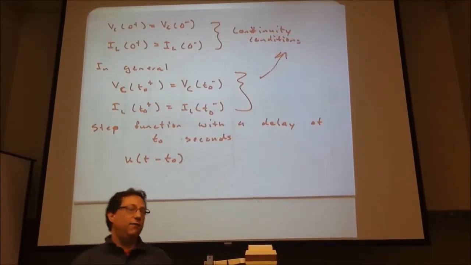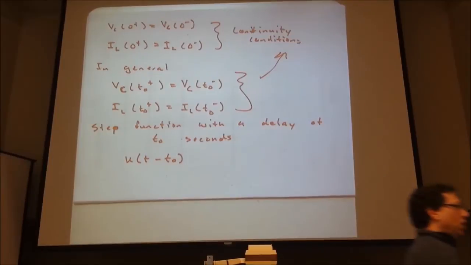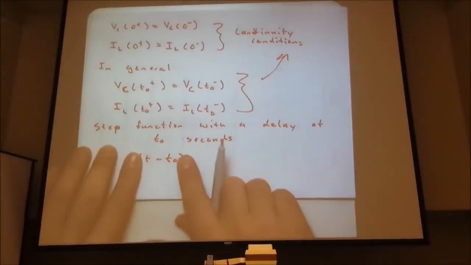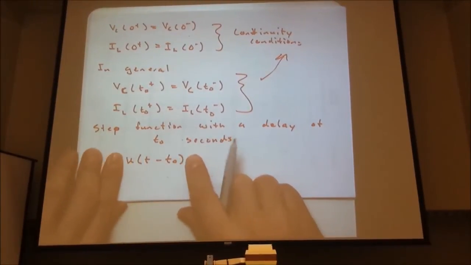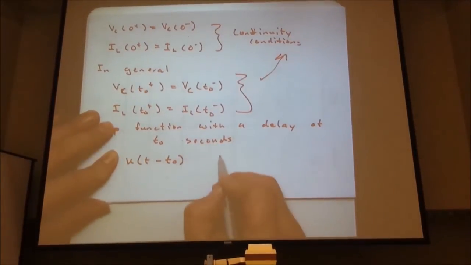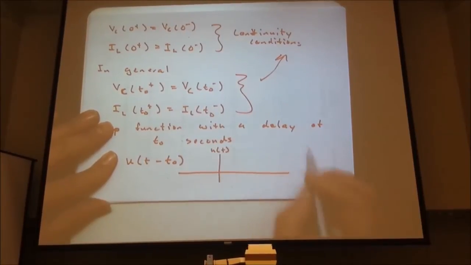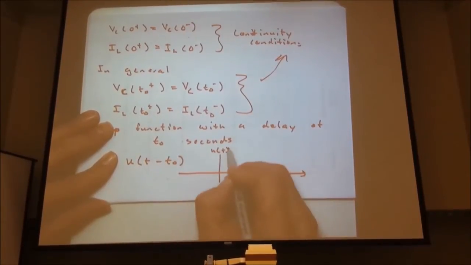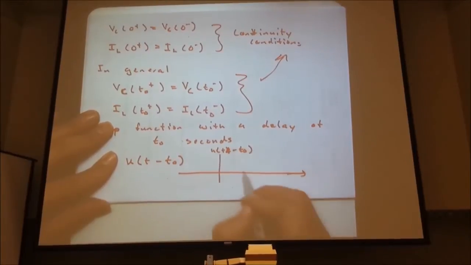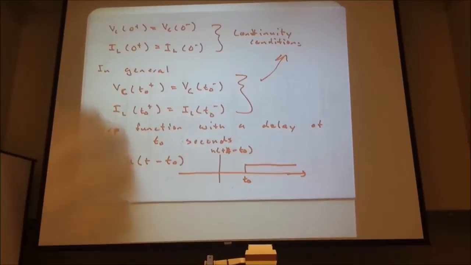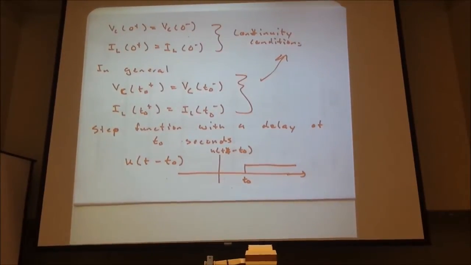The rule of a step function: argument less than 0, it's 0. Argument greater than 0, it's 1. So our step function now turns on at some t naught. It's a delay. It doesn't turn on until 5 seconds after 0.